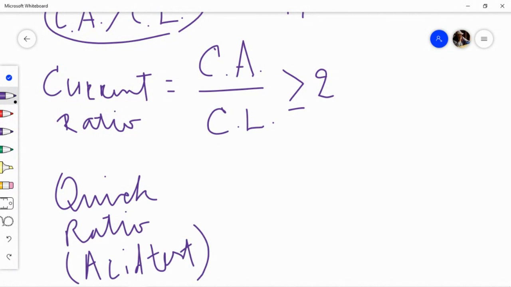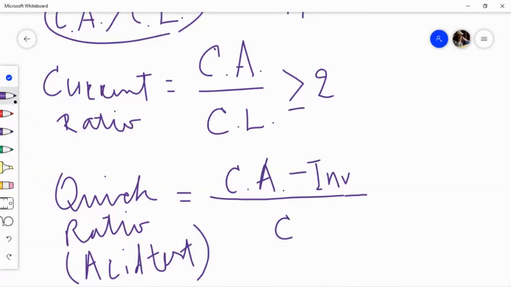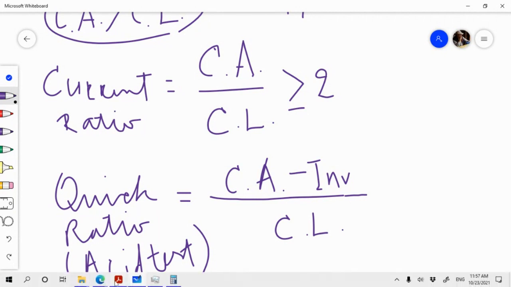Of course, in chemistry, whether it is acid or not, litmus paper will change in color. But why is it called quick ratio? It's quick, and it's also called acid test. This is basically current assets minus inventory over current liabilities. Now, if you think about it, inventory is part of the current assets, right?